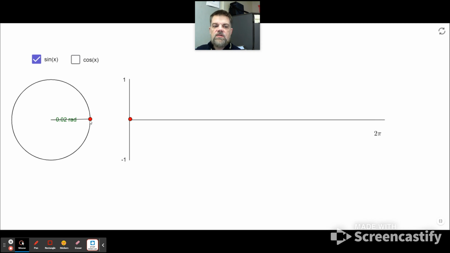So as I rotate the circle around, there's going to be a corresponding y value. Just imagine there's a right triangle and there's a measurement of the y value. The maximum value for y is right here. Now that's at pi over 2, and that value is going to be positive 1.